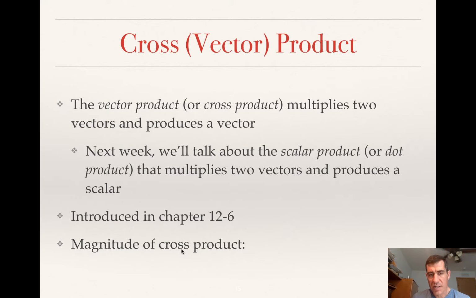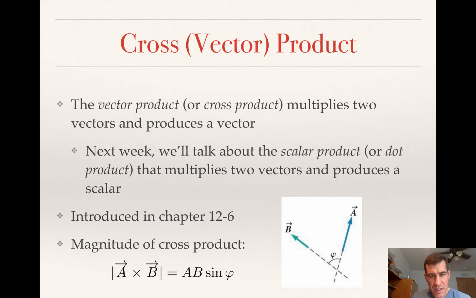One of the things you can do, if you just want to know the magnitude of the cross product, right? Your cross product is going to produce a vector. The magnitude of that resultant vector, if you have two vectors, vector A, vector B, and there's some angle phi in between them, the cross product or vector product is known as A times B times sine phi.